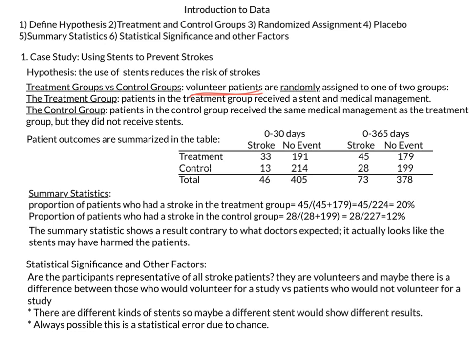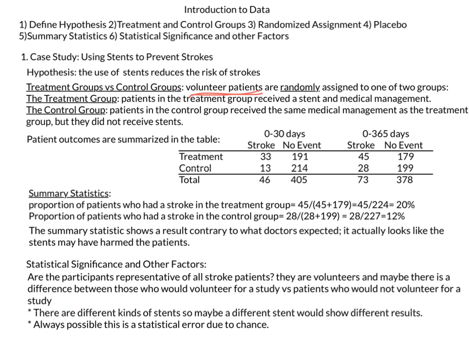So our volunteer patients might represent a proportion of stroke candidates that are actually healthier than the general population of stroke patients. So maybe there's a difference between those who would volunteer for a study versus patients who would not volunteer. However, the fact that they are volunteers doesn't seem like it's going to impact this type of numbers. It's just a warning. But what might impact these type of numbers?